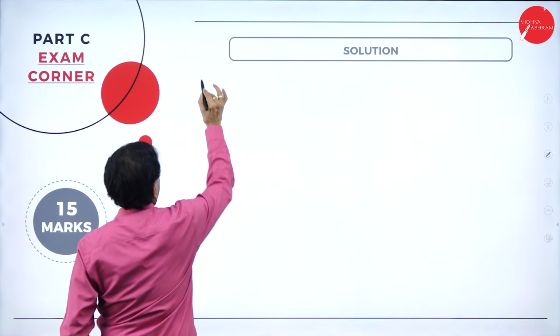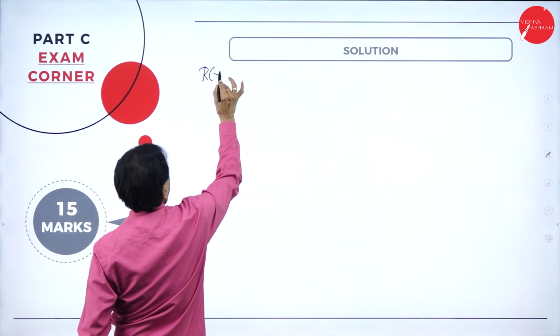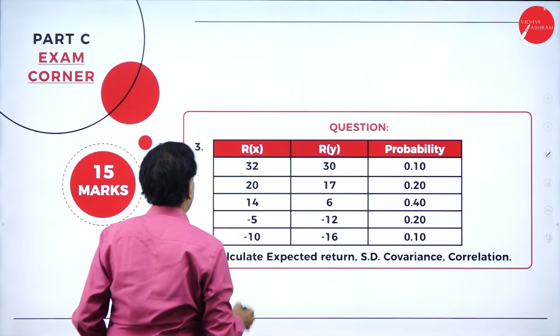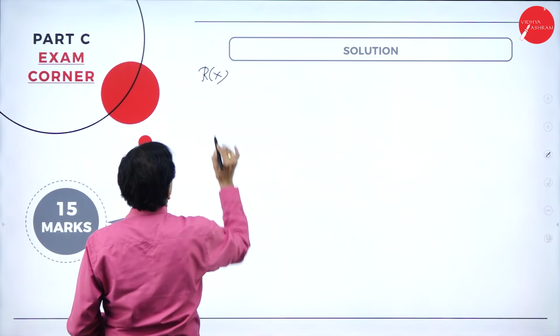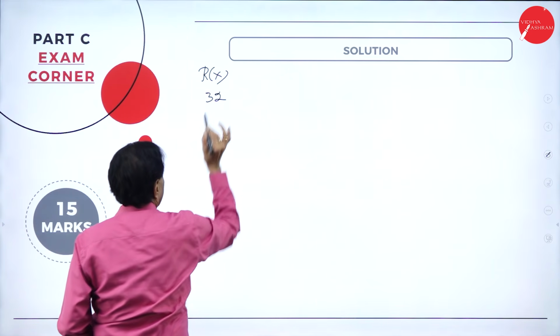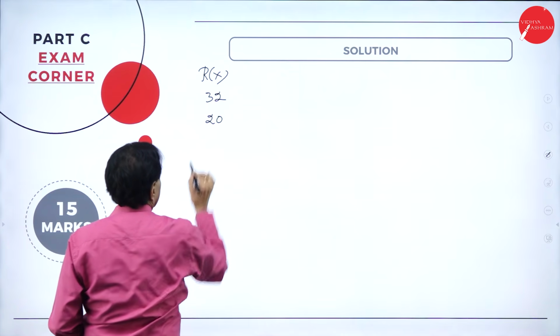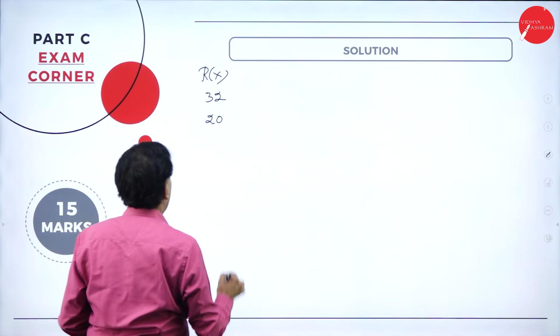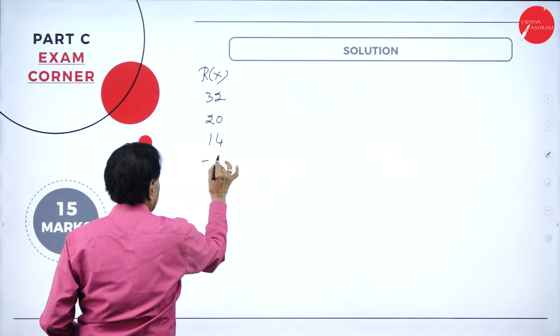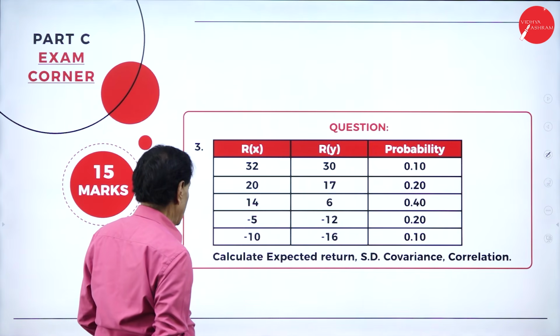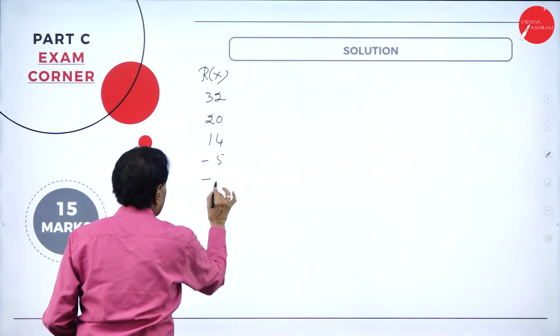Return of x: 32, then 20, 14, minus 5, minus 10.